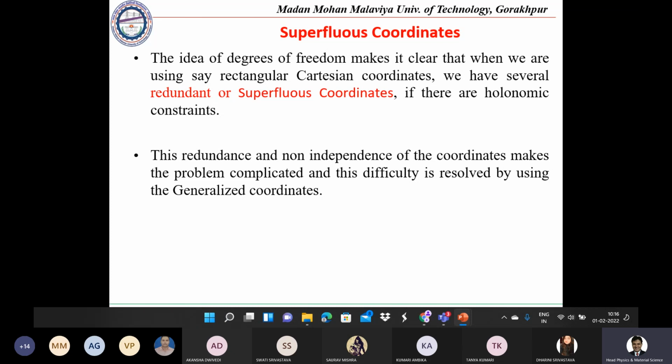That's why the generalized coordinate is important to understand and apply for the exact visualization of the degree of freedom and motion of a particle under certain constraints.